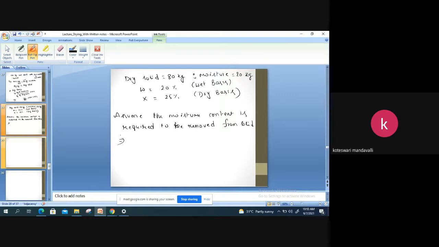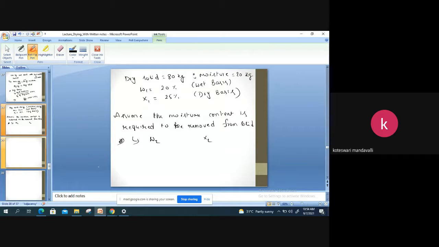From the solid you have removed some moisture by drying, so after drying you got new values for moisture content. Let's say the initial values are w1 and x1, and now the new moisture content is w2 and x2.